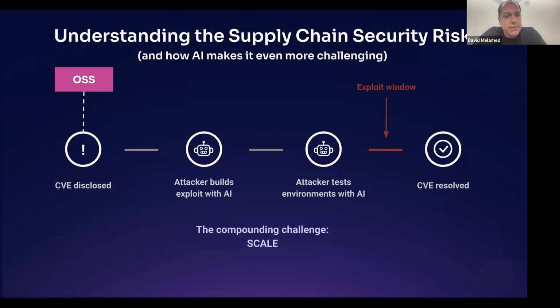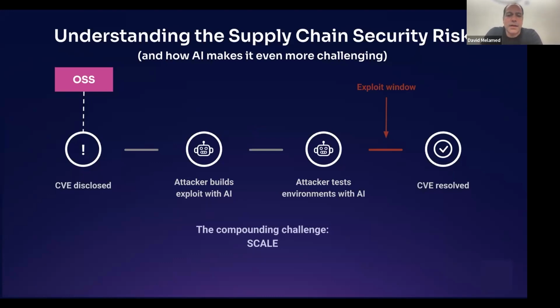A CVE is a vulnerability that is tied to an open source package, and one day it's made public. Then it's recorded in one of the databases, NVD or any other database that stores CVEs. Now, the next day, an attacker actually builds an exploit with AI.